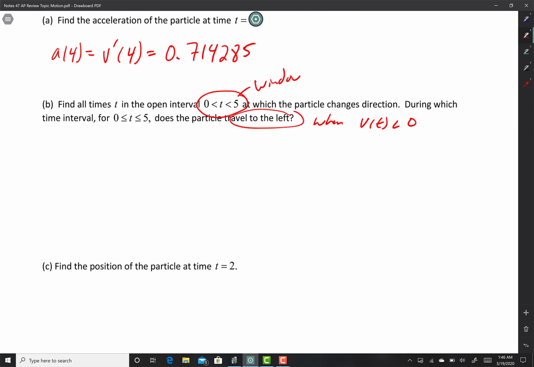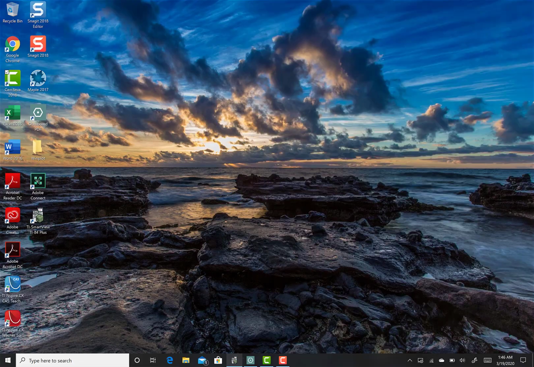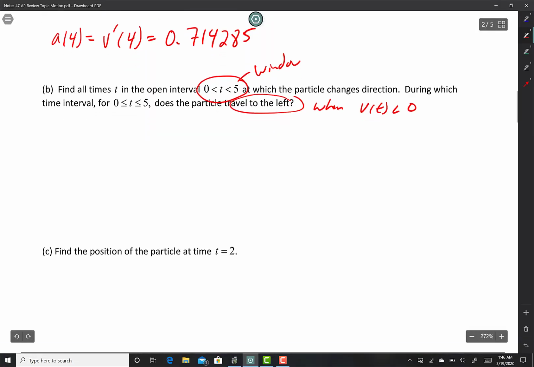So it changes direction. This is my velocity graph. So it changes direction at 1 and then again at 2. And you're moving left specifically between 1 and 2 because you're below the x-axis. So that's what I'm going to write. So I'm going to write, let's see, first let's talk about when it changes direction.